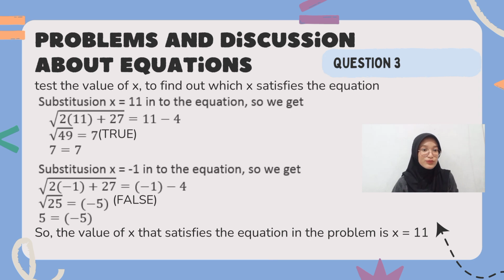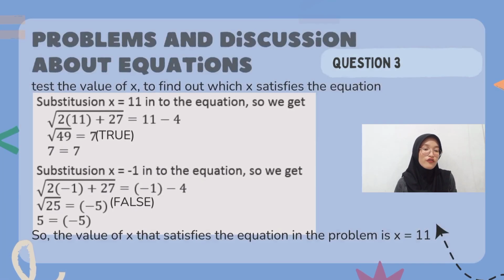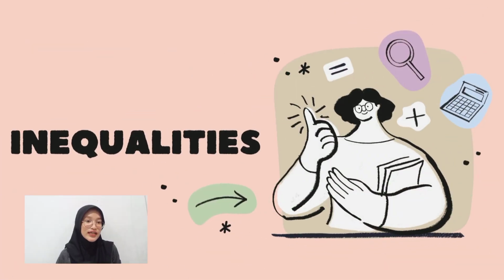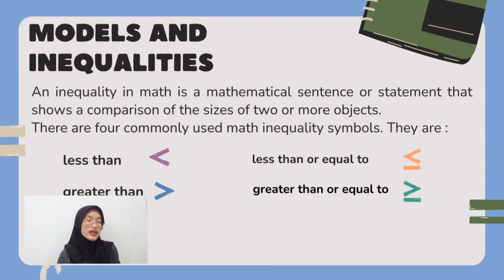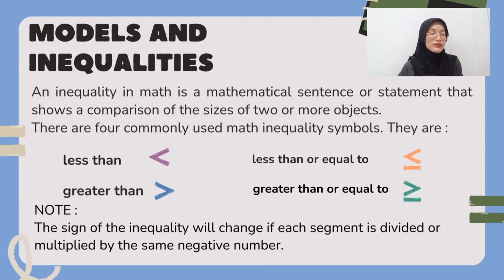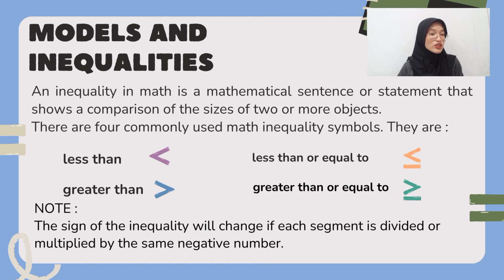Now we move to the second part of further solving equations and inequalities. The part is inequality. What is an inequality? An inequality in math is a mathematical sentence or statement that shows a comparison of the size of two or more objects.